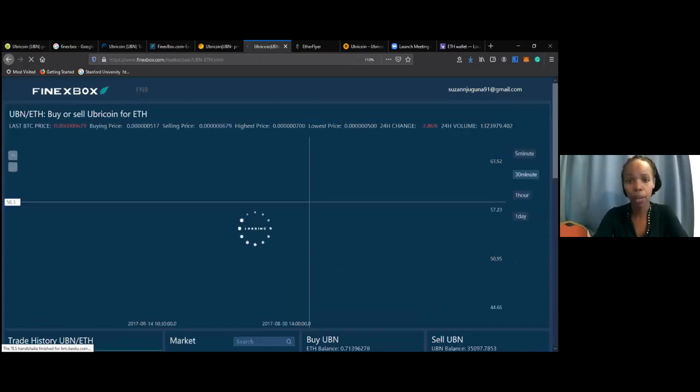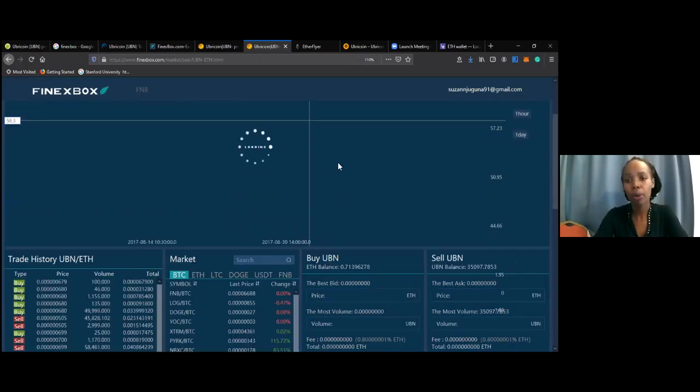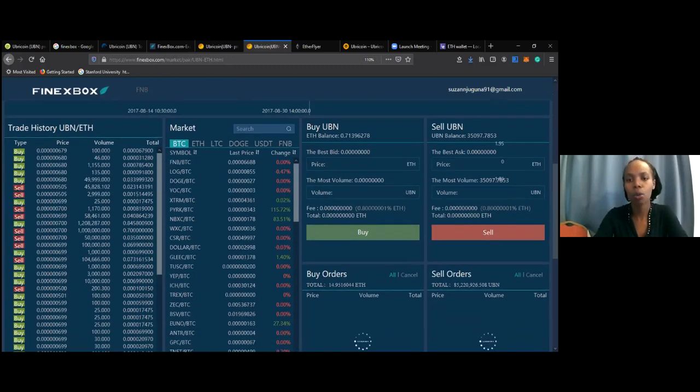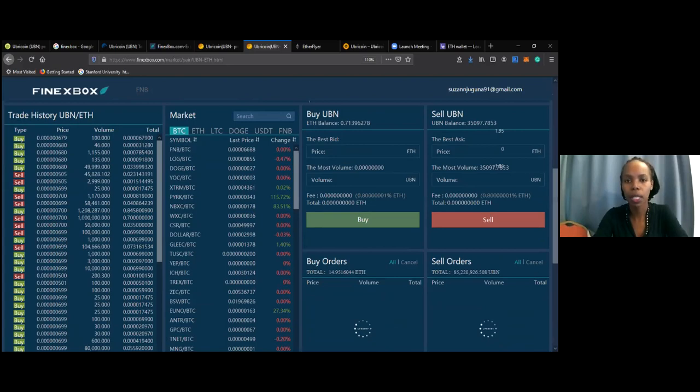So from there, we come to this section where we have buy UBN and sell UBN, and this is the major section that you want to concentrate on, because when you're buying UBN, you want to deal with these two sections. I'm going to go back because it's taking long to load.